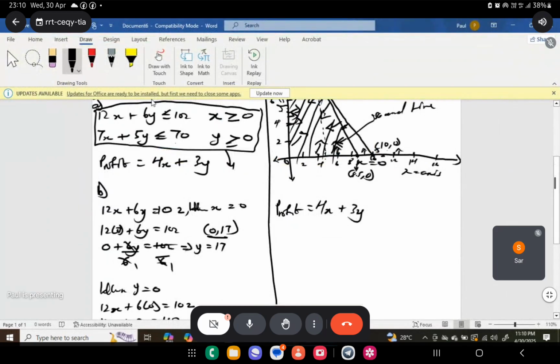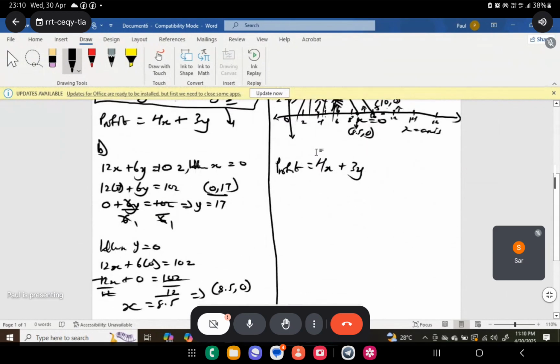So you put them in the equation. So the first point says that x is 0, y is 14. So profit becomes 3 times 14, which is 42.